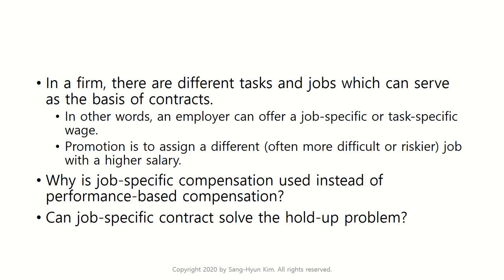So instead of giving incentive based on performance, the firm gives incentive based on jobs or tasks. All right, that's the idea of promotion. So can a job-specific contract solve the holdup problem? That is the question we want to address in this lecture.